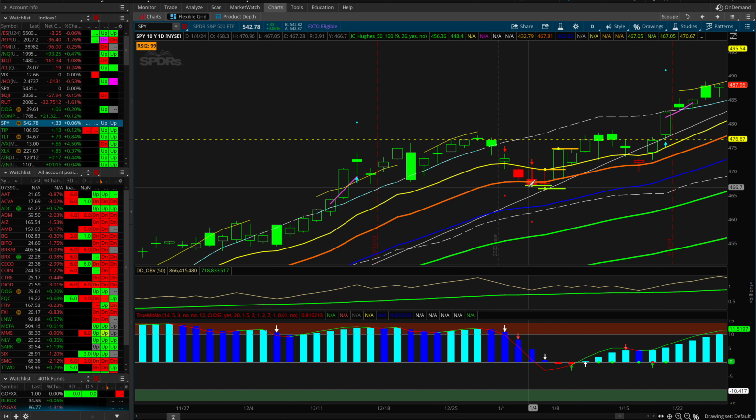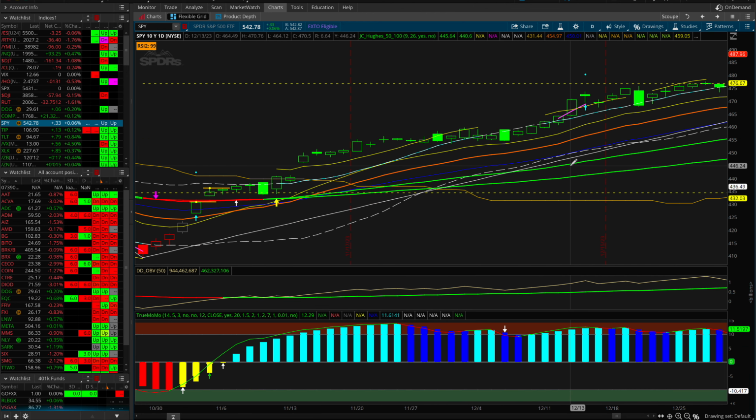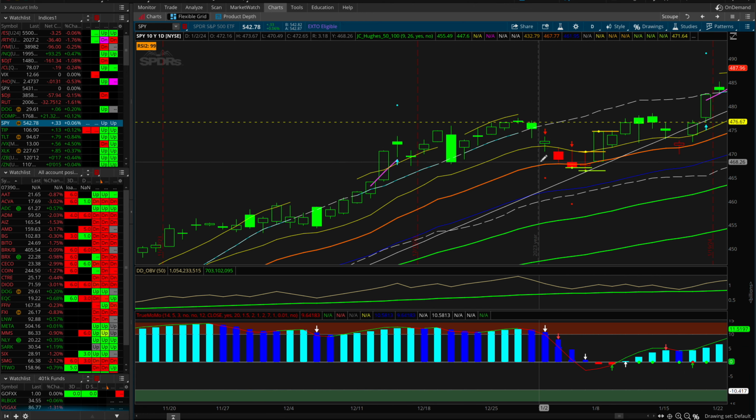If this bar goes lower than the first bar, then I want my stop to be here. I don't need to move my stop there the whole time while this is climbing until I get the first or second condition. The first condition is going to be more of a warning.